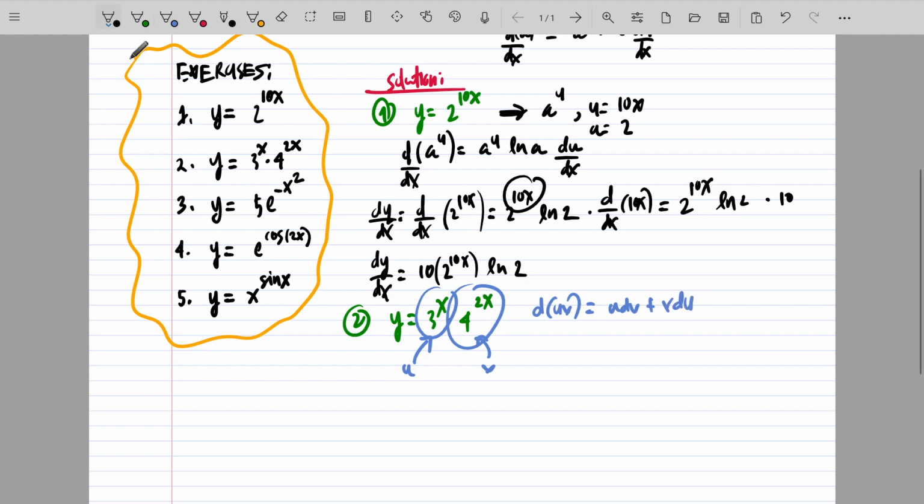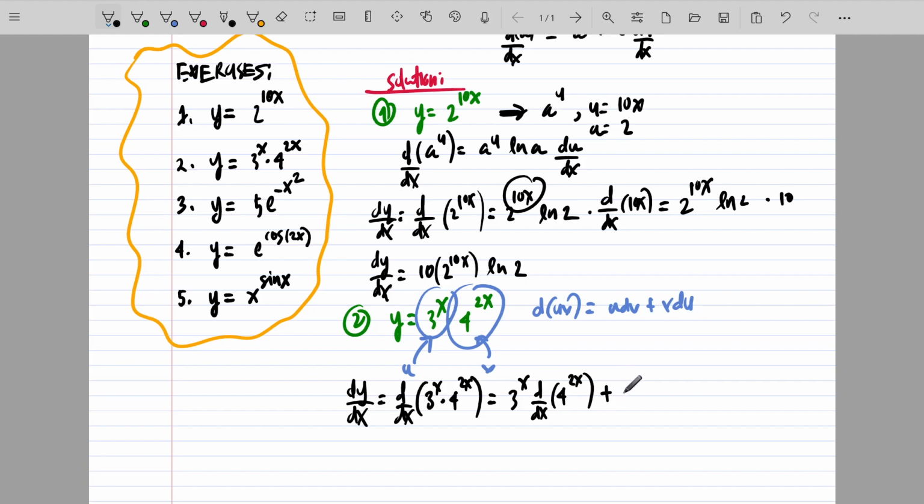By applying the product rule, the derivative of y with respect to x, or the derivative with respect to x of 3 raised to x times 4 raised to 2x, is equal to: copy u first, 3 raised to x, and then the derivative of b, 4 raised to 2x. Then plus, copy b, 4 raised to 2x, and then the derivative of u, 3 raised to x.